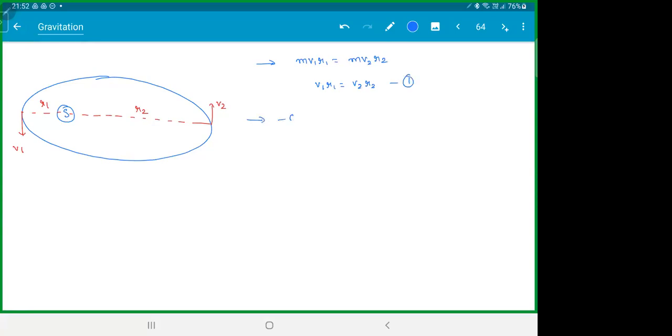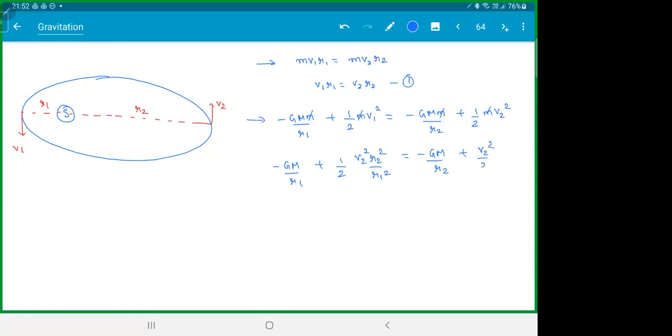Then energy conservation: minus GMm by R1 plus half M V1 square equals minus GMm by R2 plus half M V2 square. So take V1 from here and substitute here. M goes off. V2 square R2 square by R1 square, V2 square by 2.